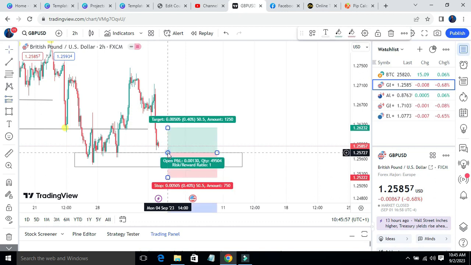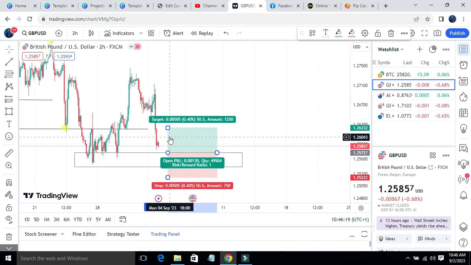Okay, so this red area will be our stop loss, that is the negative. If it enters this red area, that means we are losing, but this upper area, the green area, is the positive, the profit area. So if it's going up here, that means we are making profit.